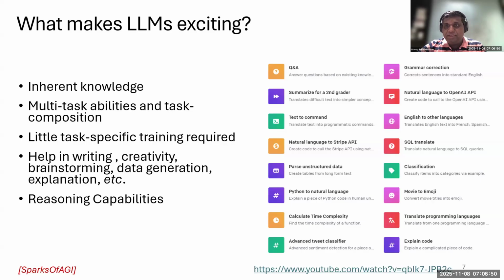Very little task specific training is mostly required unless it's a complex domain, and they can tackle a wide variety of tasks like reading, creative tasks, brainstorming, data generation, explanation, and the latest LLMs are also now doing well on reasoning tasks, are able to break down complex tasks into step by step executions and be able to handle much more complex problems.